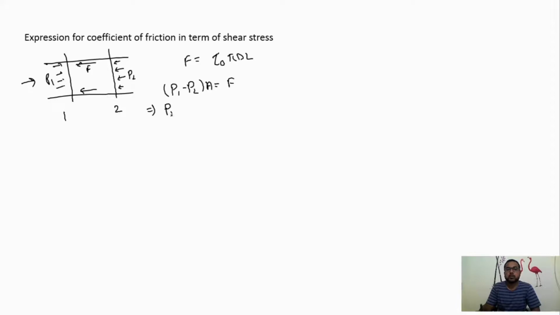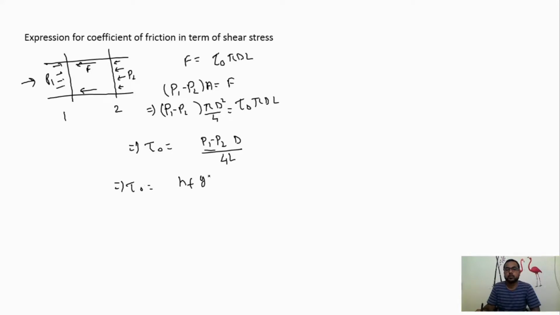So here P1 minus P2 into cross section area, that is pi d square divided by 4, is equal to F, that is tau naught pi d L. So tau naught is P1 minus P2 into d upon 4L, and substitute this value: HF into rho G into d upon 4L.